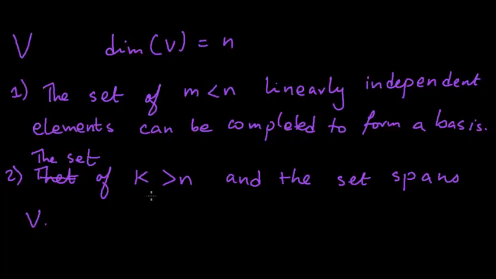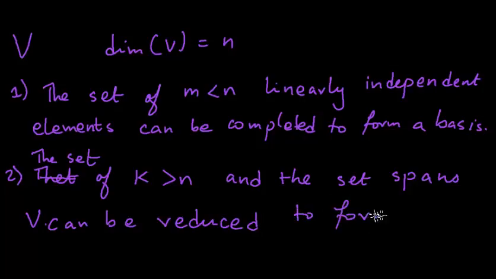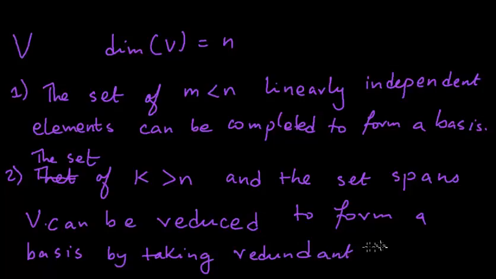So we have a set with more elements than the dimension of V, and the set spans V. What does this mean? At least one or a few elements inside this set are redundant. This set is not linearly independent. So this set can be reduced to form a basis, and the way to do this is by taking the redundant terms out.